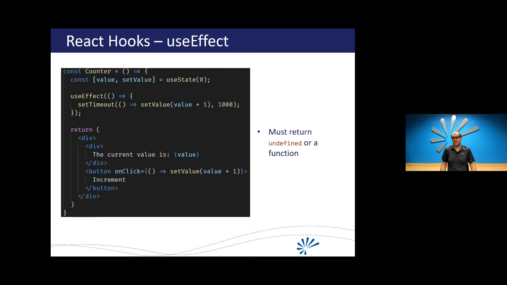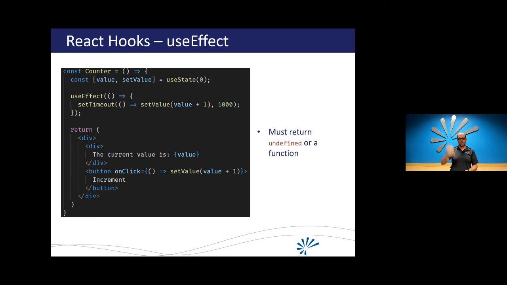What useEffect does is it allows us to declare a function that we want to execute when certain conditions are met. So this function executes every time the component re-renders, and it will execute the function that calls setValue value plus 1 every second, in 1 second.